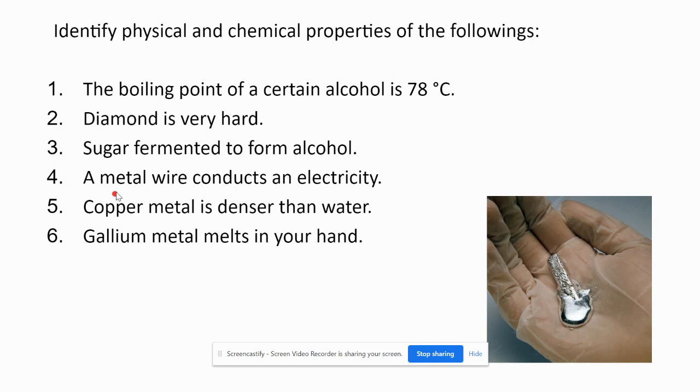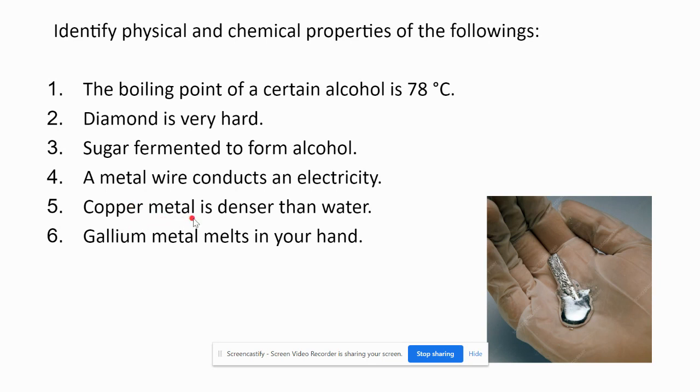A metal wire conducts electricity. For example, if you have copper wire and you run electricity through it, after you take the electricity out, copper is still copper. It doesn't change to a new compound. So this is a physical property.